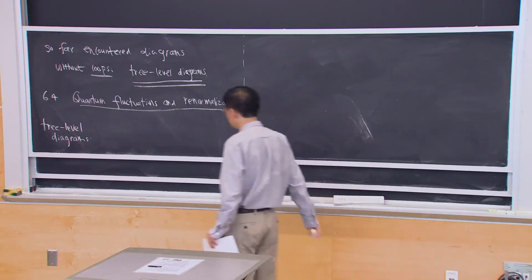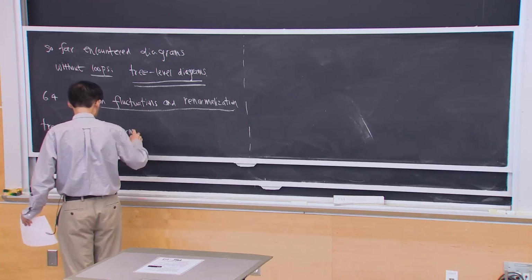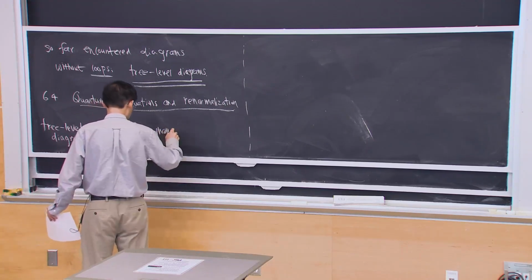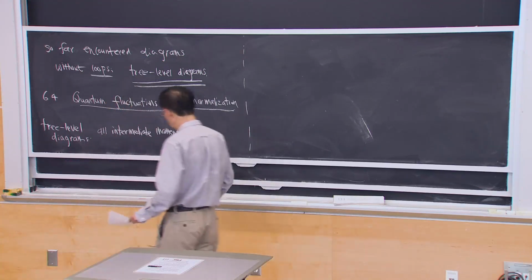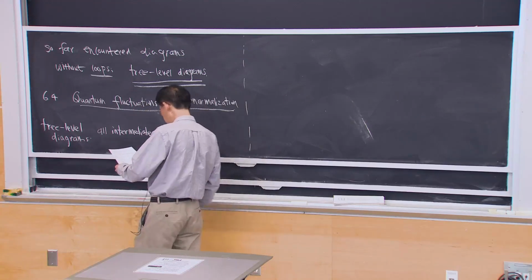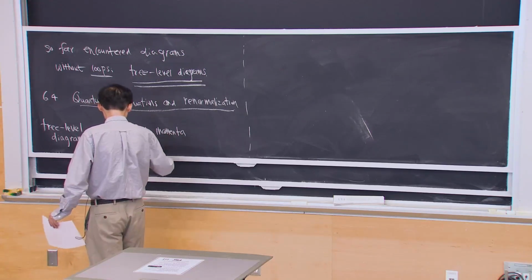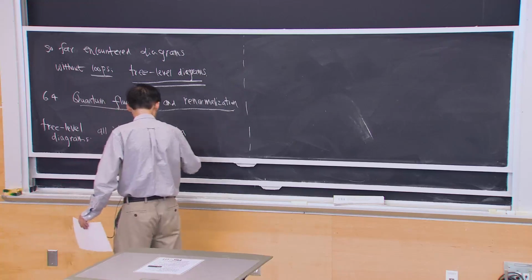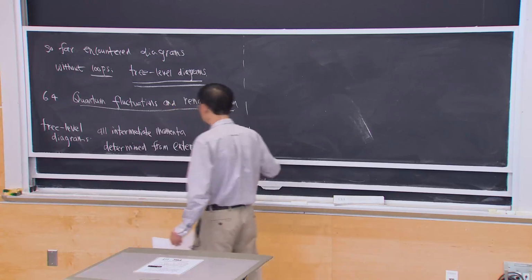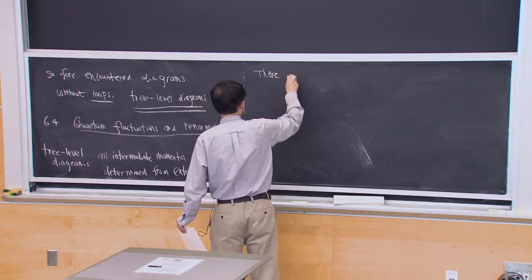The key is that all intermediate momenta, in all propagators, are determined from the external ones. So when you treat a tree-level diagram, there's no momentum integration.